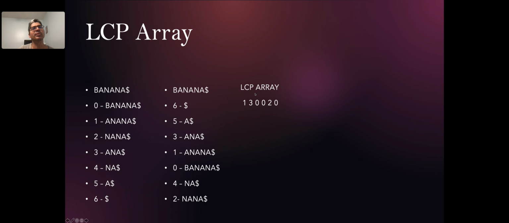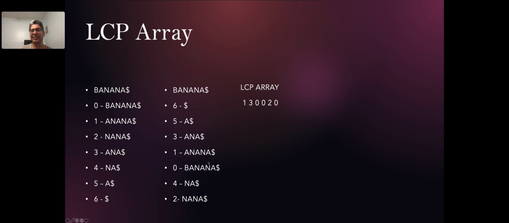To build the LCP array, a with ana share a 1 character prefix in common, so the first element of the LCP array is 1. Then ana with anana is 3, anana with banana 0, banana with na 0, na with nana 2, and nana with nothing 0. So this is the LCP array.